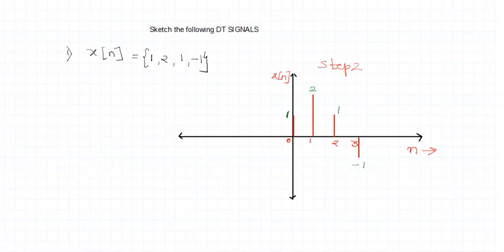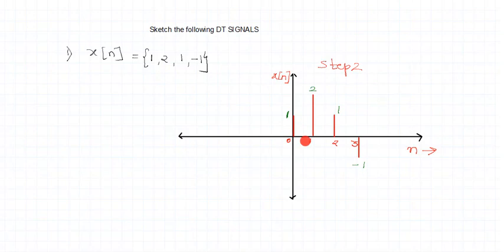The DT signal is plotted. So let us look at the first sample. The first sample has a magnitude 1. Right? So at 0, the sample has a magnitude 1. Is this clear? The next sample has a magnitude 2.